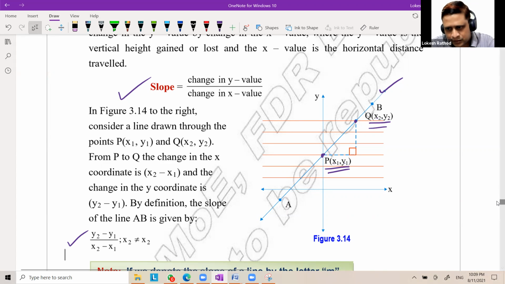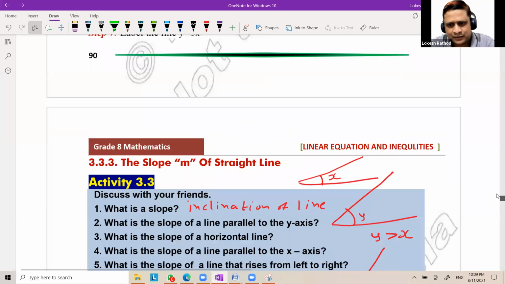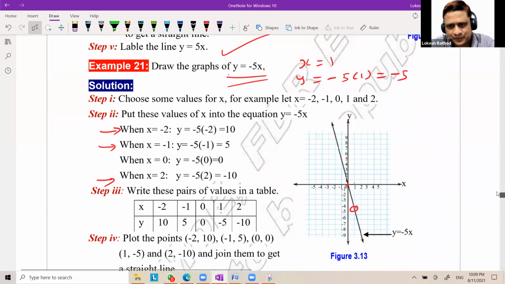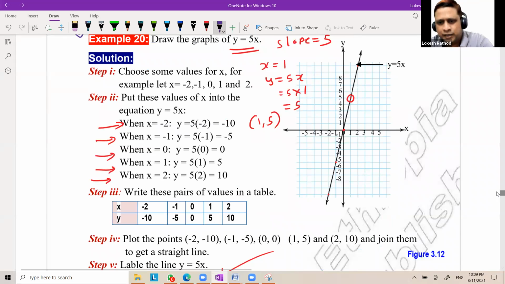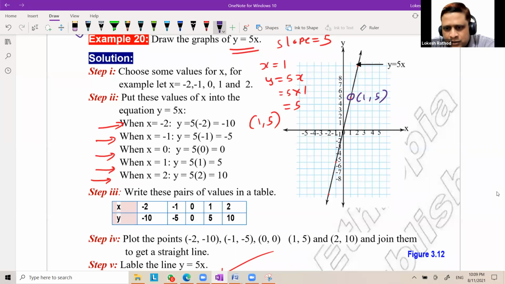Okay. Suppose I want to find the slope of this line, and all these lines. For finding slope, I need to take any 2 points. So let's say I take 1 point, that is 1,5, and another point I can take, say, 0,0. Sure, I can take that point, because this is a point on the line. So what is slope?